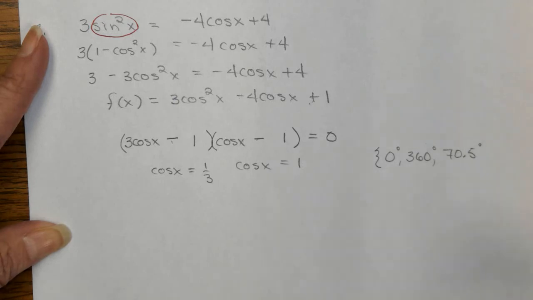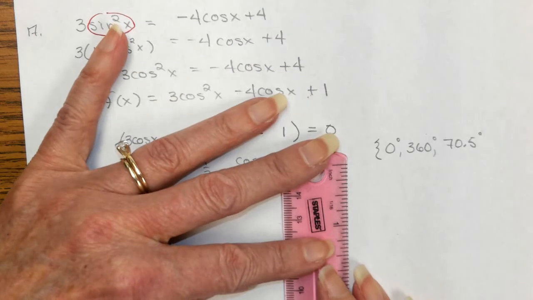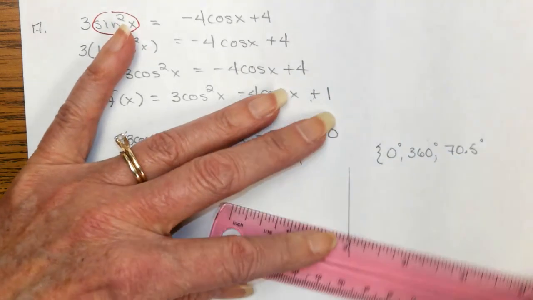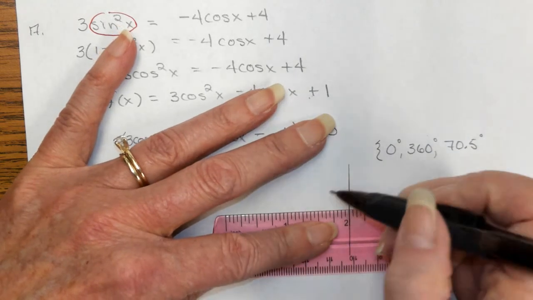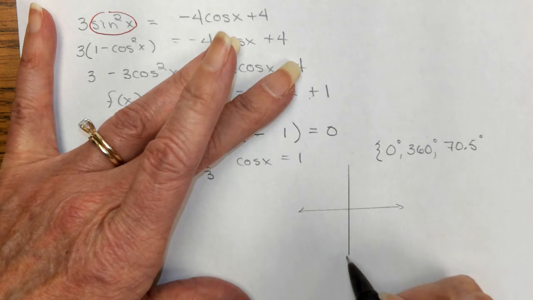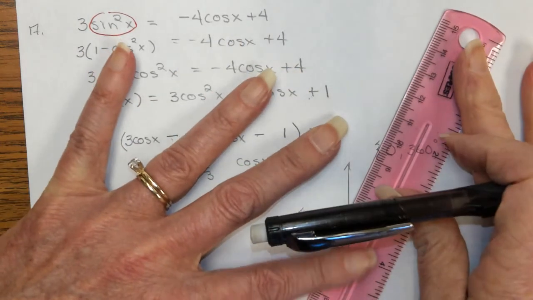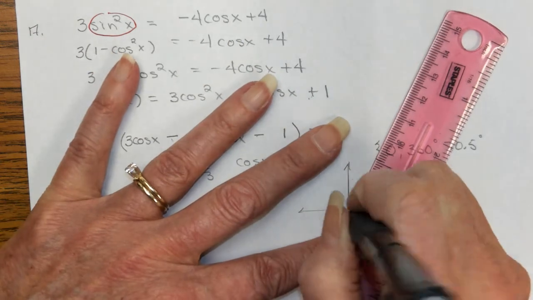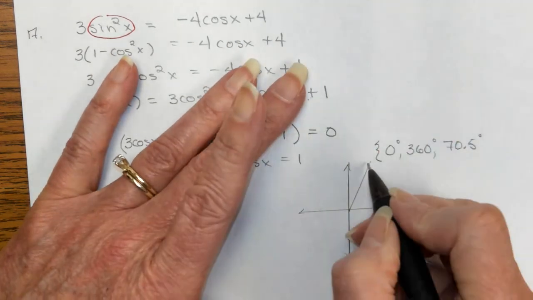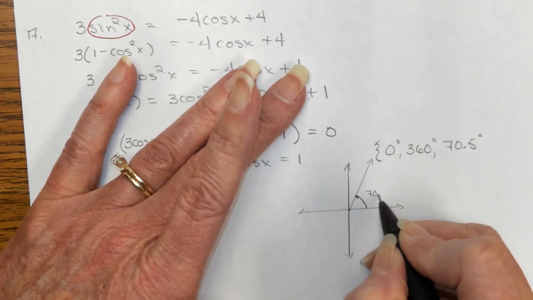Now, in order to get the other solution, remember cosine is also positive in quadrant 4. So what I'm going to do is draw this so that you can see what we're looking at here. So if we estimate 70.5 to be maybe right about here, from the x-axis to the terminal side here is about 70.5.